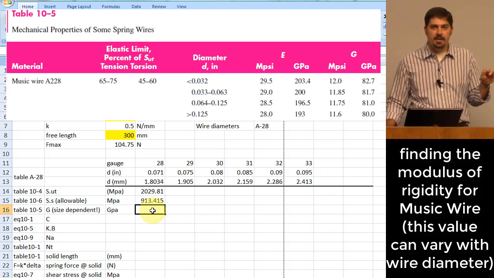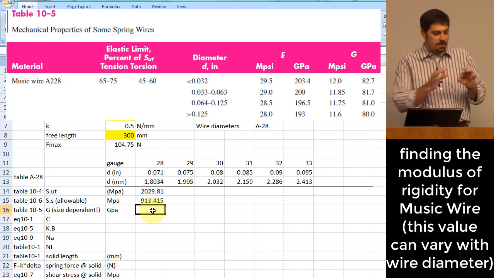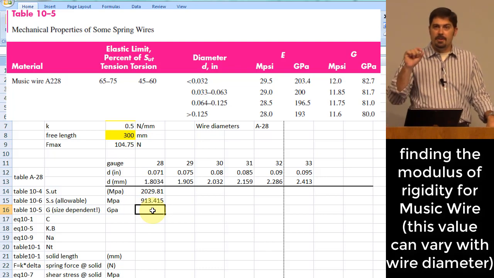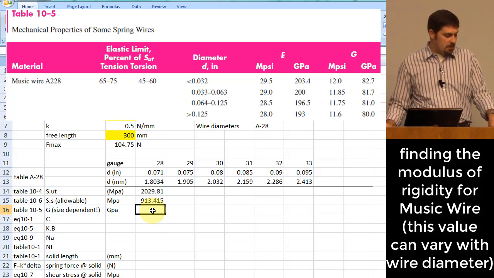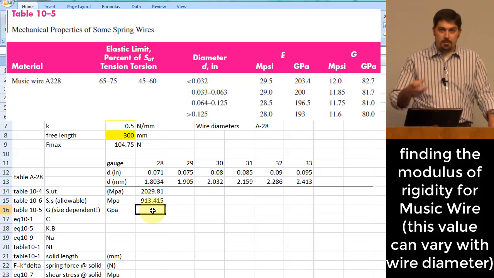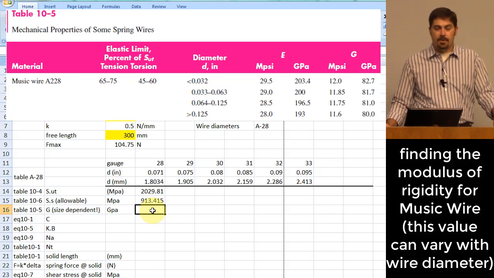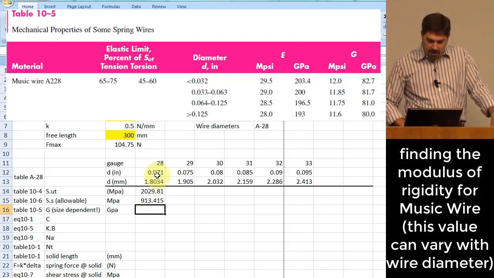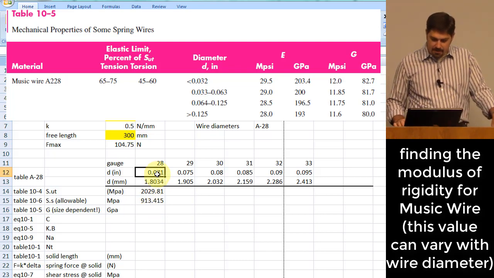I'm not going to ask you to interpolate or anything like that. We'll just use it within this range. We'll assume it's some value, but it is slightly variable, and this has to do with the processing techniques they use to create these really high-strength steels. All right. So for us, what are our range of diameter values here?